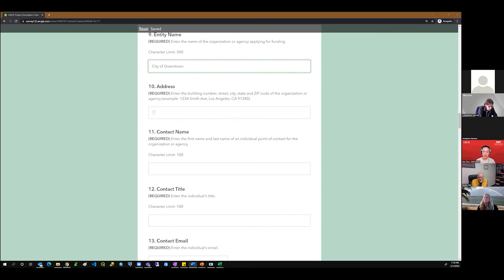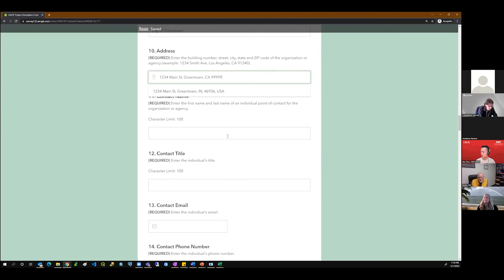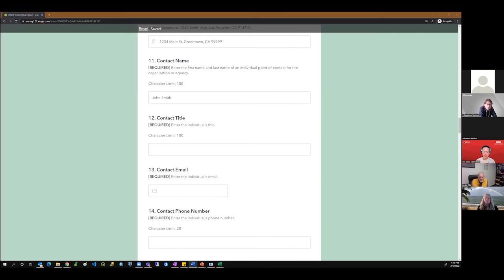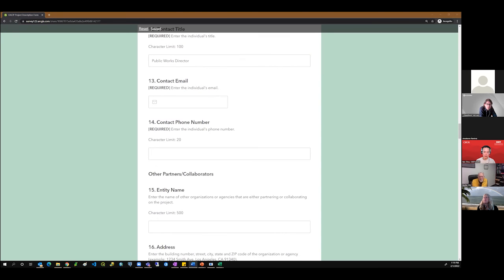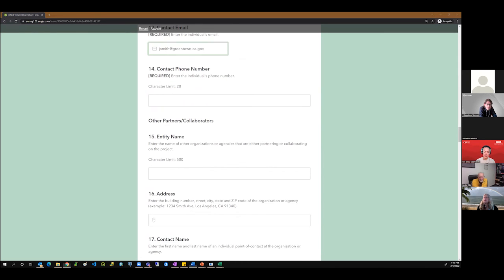Question 10 is just the address. Question 11 is asking for a contact name at the entity applying for funding. So we're going to put in the fictitious public works director for the city of Greentown here. His fake email address for question 13, and then a contact number for him in question 14.